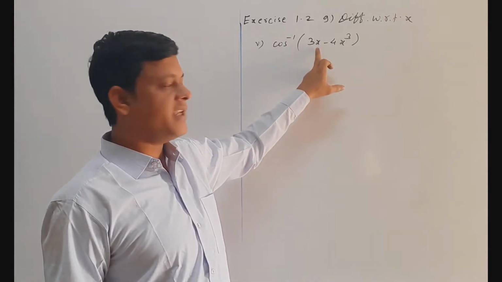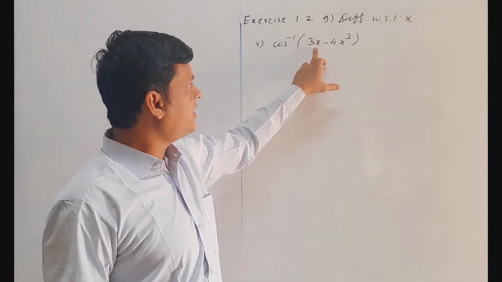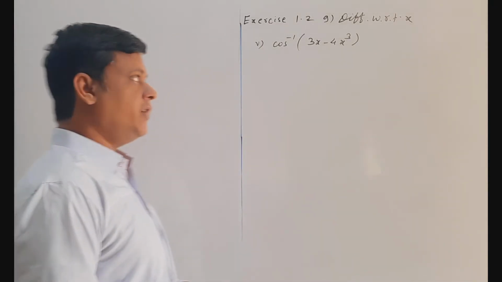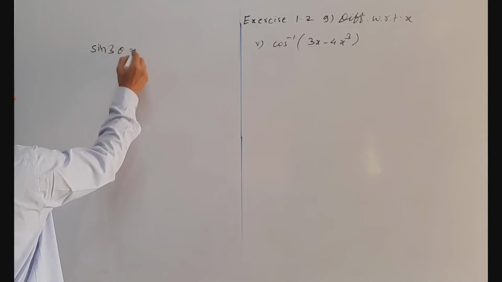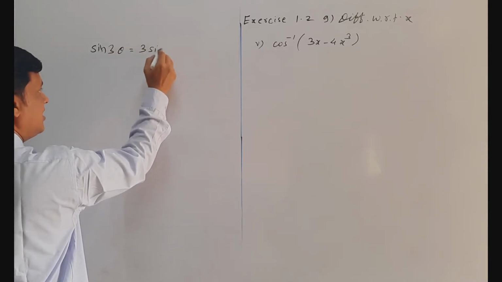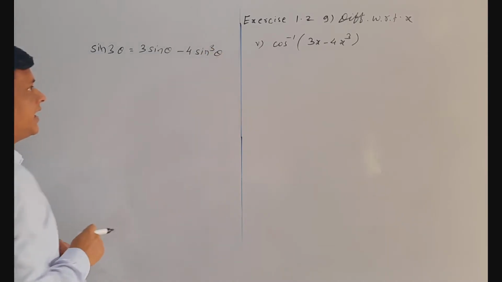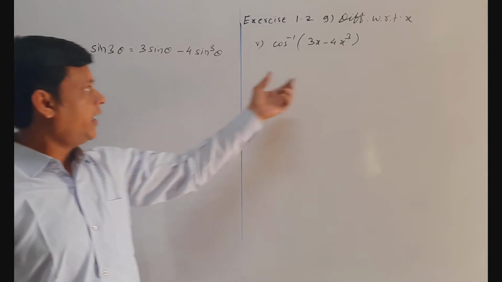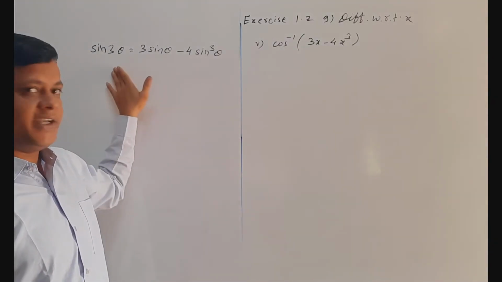When we replace this x by sin theta, we get 3 sin theta minus 4 sin cube theta, which is the triple angle formula. We know sin 3 theta is equal to 3 sin theta minus 4 sin cube theta. That means when we replace x by sin theta, we get the bracket value as sin 3 theta.